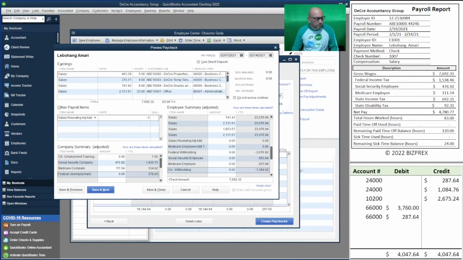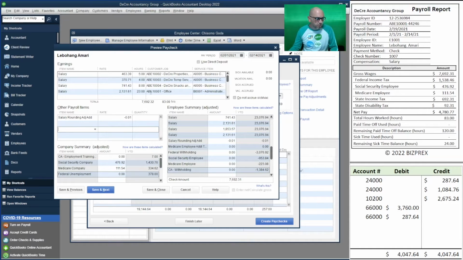Well, the reason we have those pennies is because QuickBooks does a good job, but for whatever reason we don't entirely understand, it prorates things into the rates here, and we end up with rounding errors that we have to correct right here and in other payroll items.